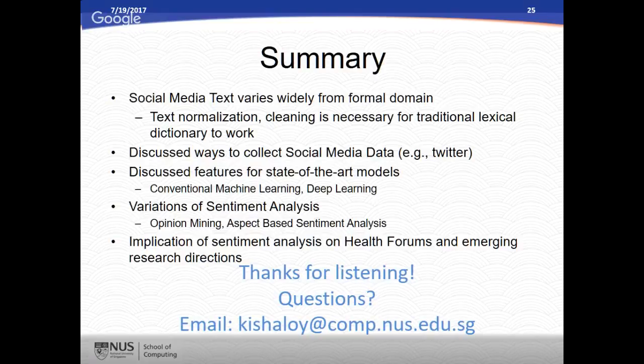We discussed the standard features for some of the state-of-the-art models, and how to use them with standard machine learning classifiers and also with deep learning models. We discussed some variations of sentiment analysis like opinion mining and aspect-based sentiment analysis. We have also talked about some of the recent implications of this kind of task and some emerging research directions. So any questions?